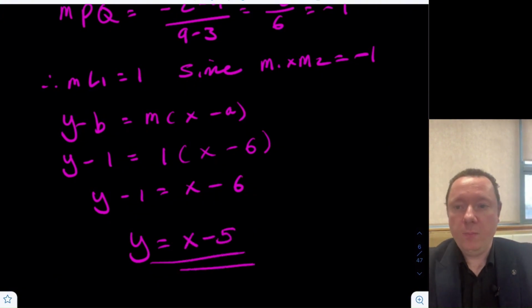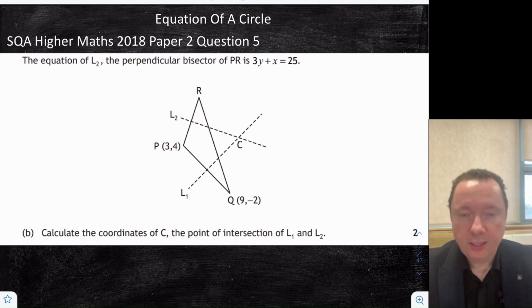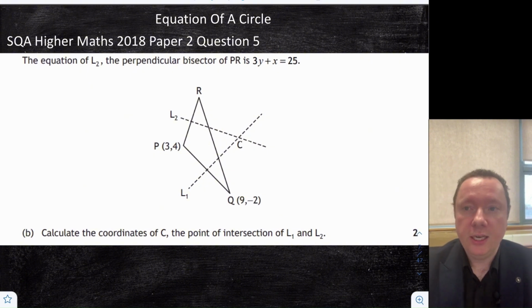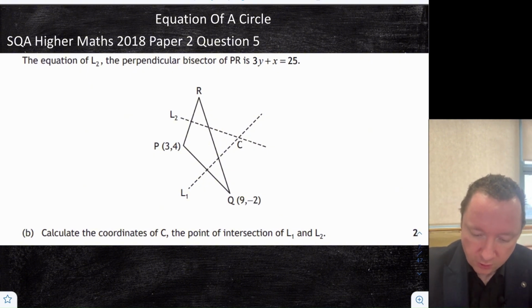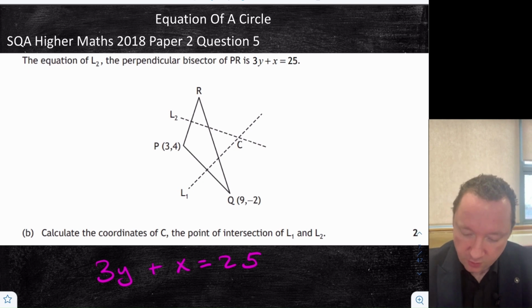Part B of this question says L2, the perpendicular bisector of PR, the equation of that is 3y plus x is 25. Calculate the coordinates of C, the intersection between L1 and L2. So we're solving simultaneous equations because it's find the point of intersection between two lines. Our first equation is given to us, 3y plus x equals 25. And we just worked out, remember, that y equals x minus 5 was the other equation.